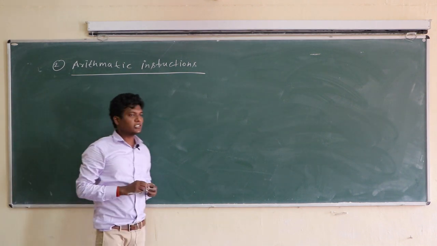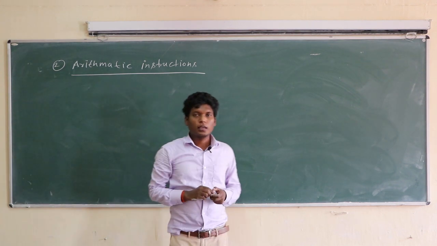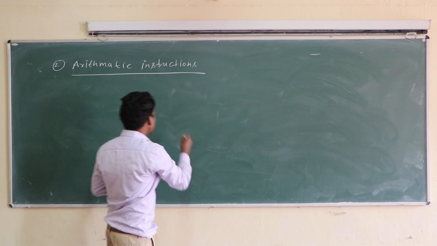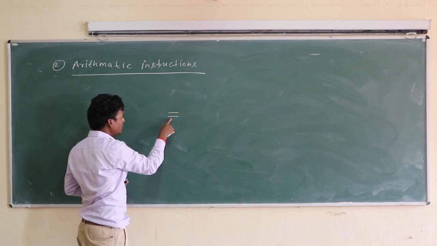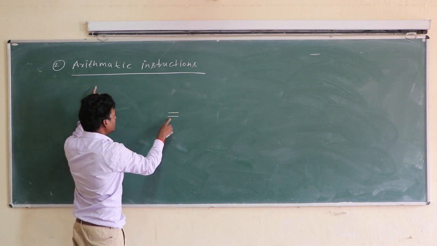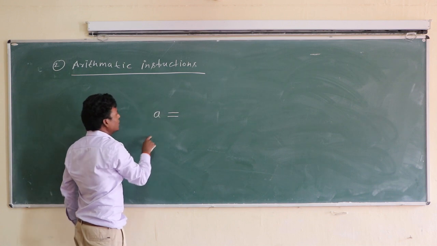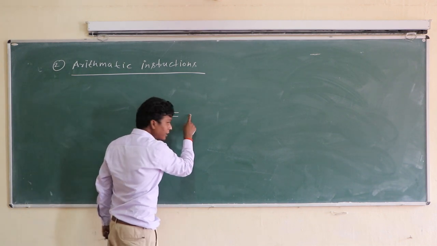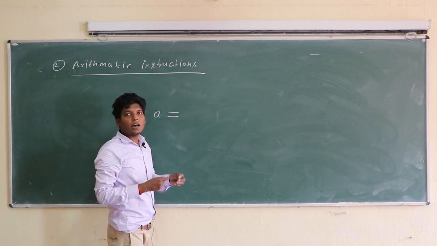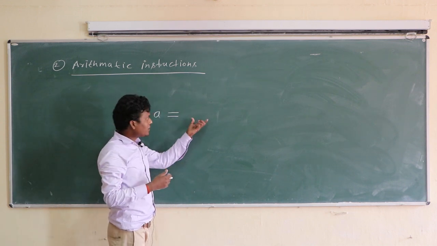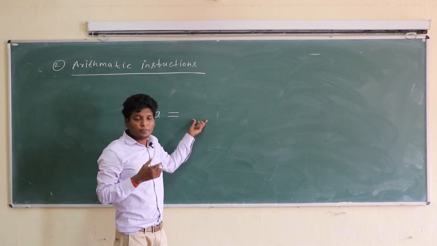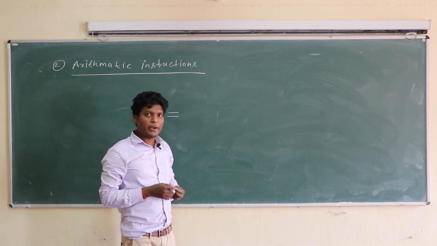In arithmetic instructions, a variable is on the left side of the assignment symbol, and some variables and constants are on the right-hand side, and these variables and constants are connected by means of operators.